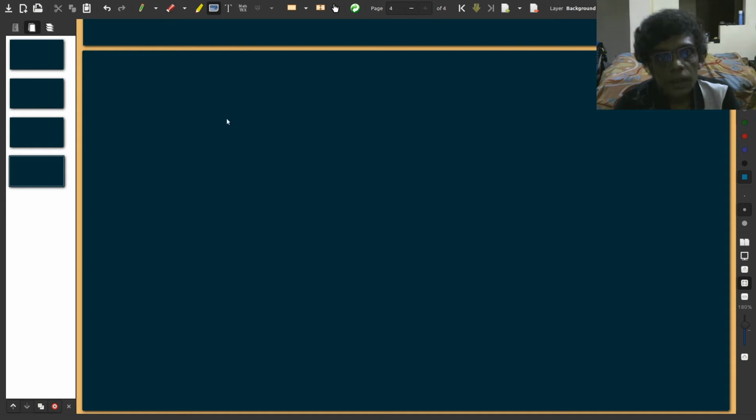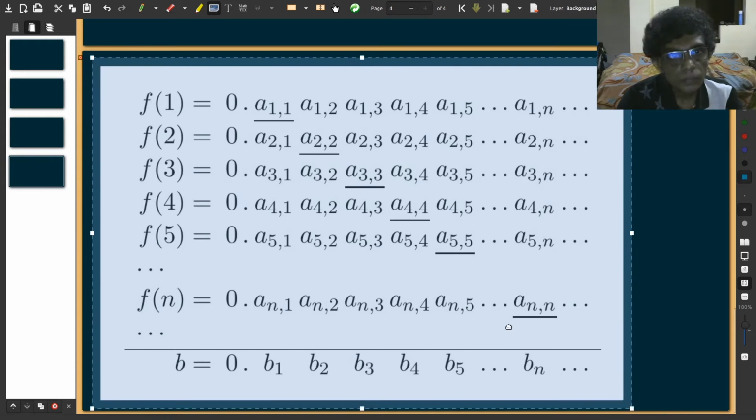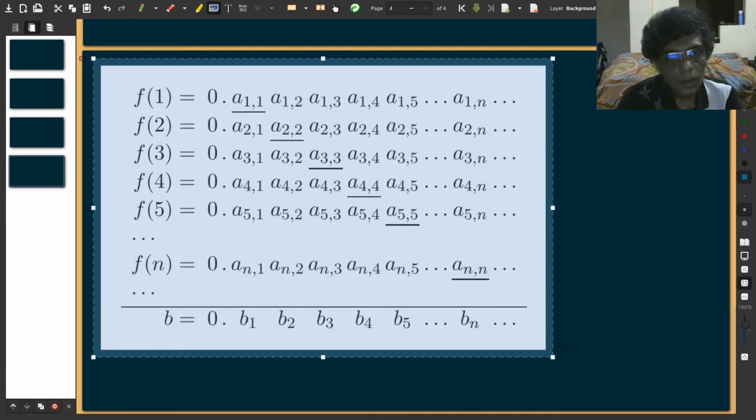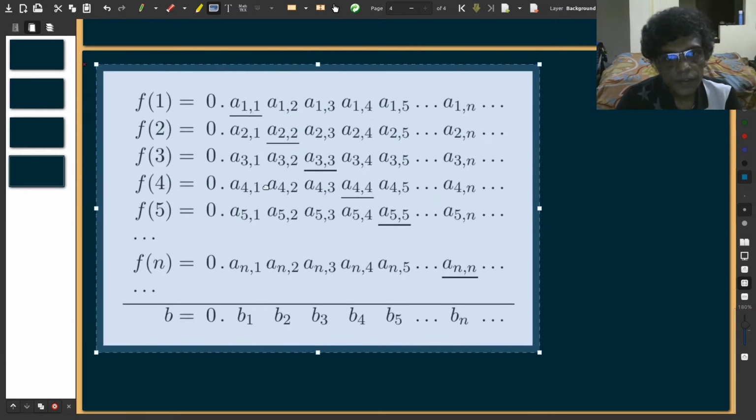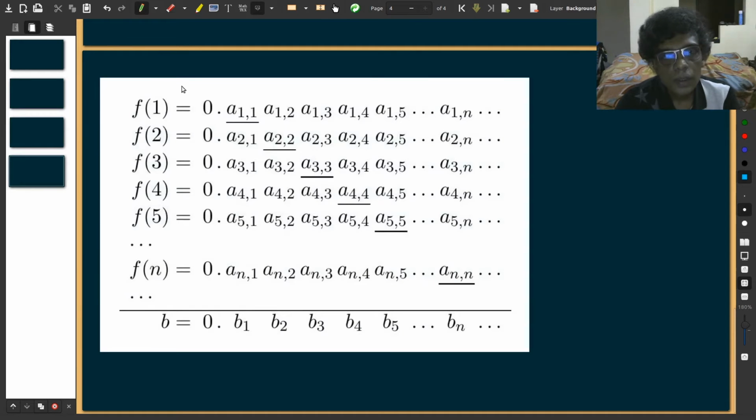Let me go here, it is this picture. So, suppose that f is such a map from the natural numbers to the set of proper fractions, real valued fractions.